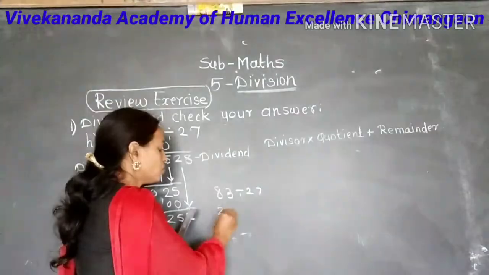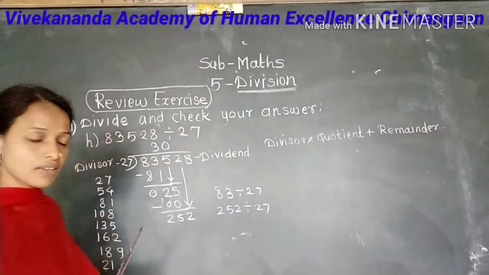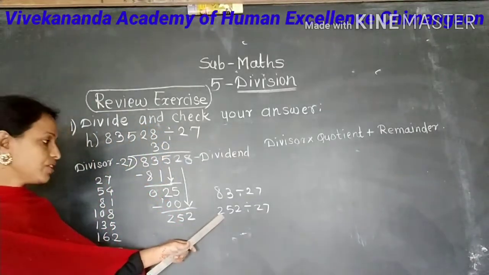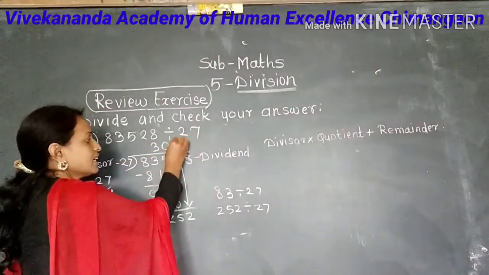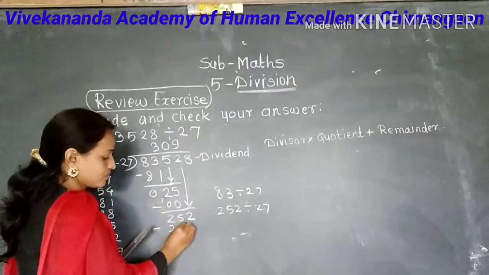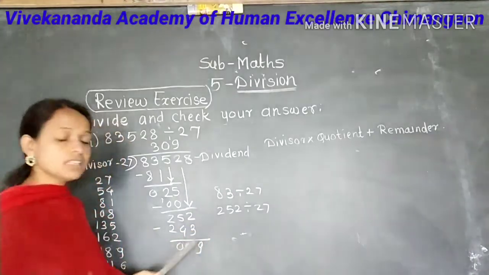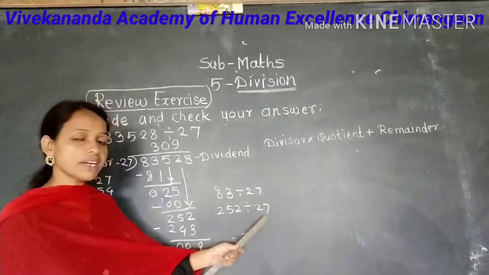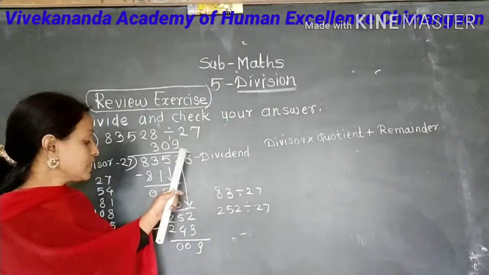Now divide 252 by 27. By dividing 252 by 27, it gives us quotient 9. 9 we write in the tens place. In this way, by dividing 252 by 27, it gives us quotient 9 and remainder 9.